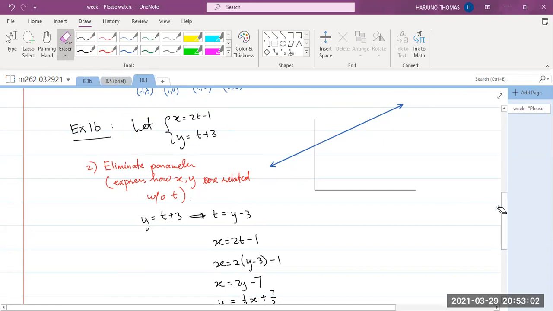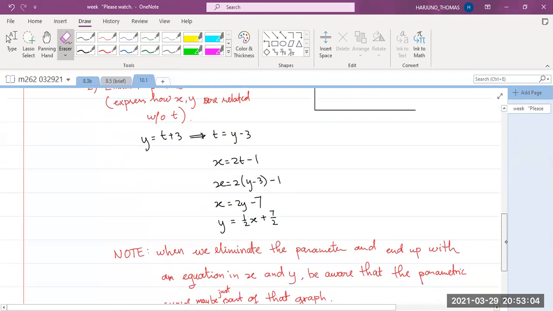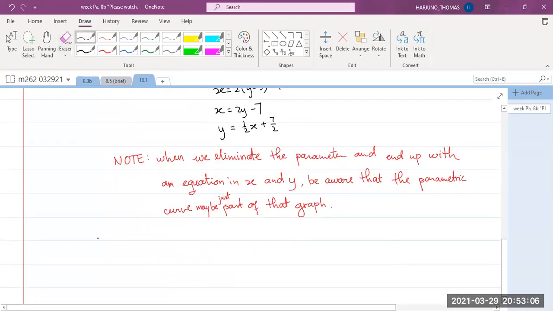Okay, let me give you an example where it is not true. Example 1c. Let x equal 2e to the t minus 1 and y equal e to the t plus 3.